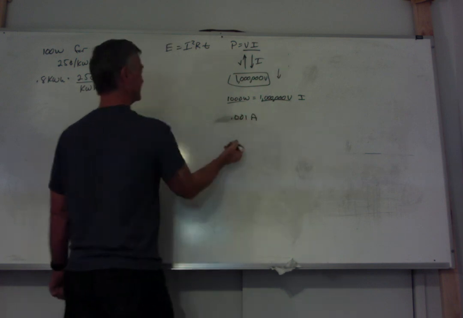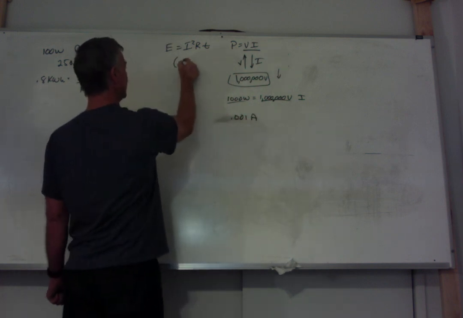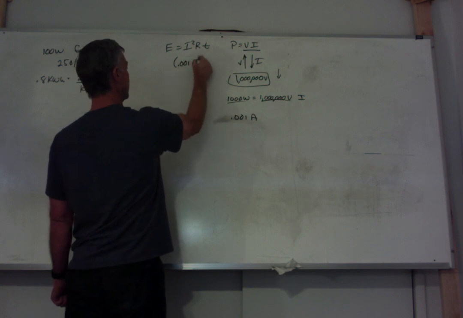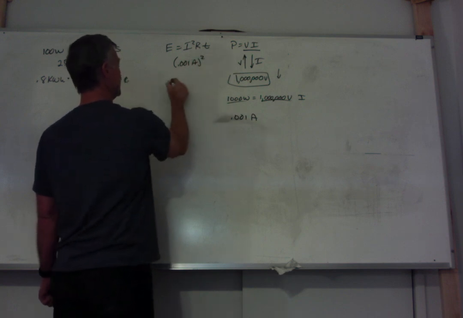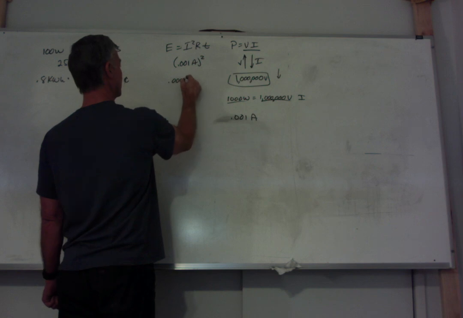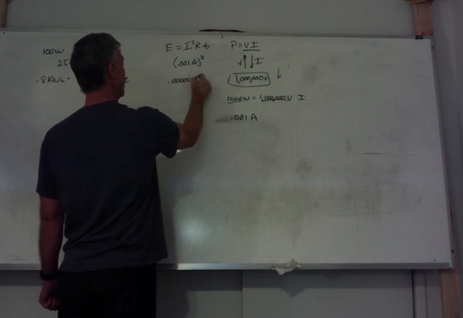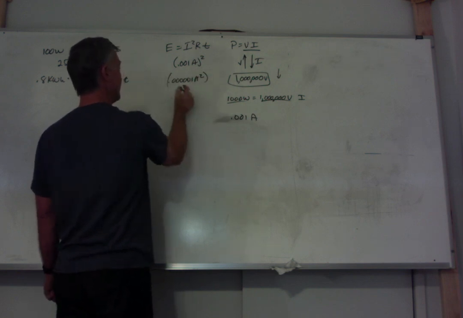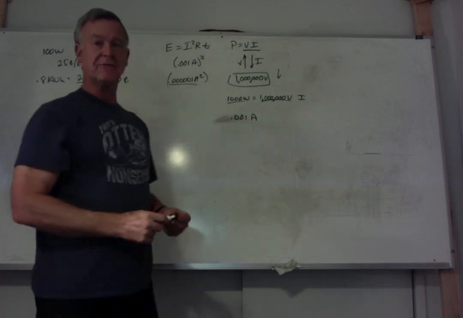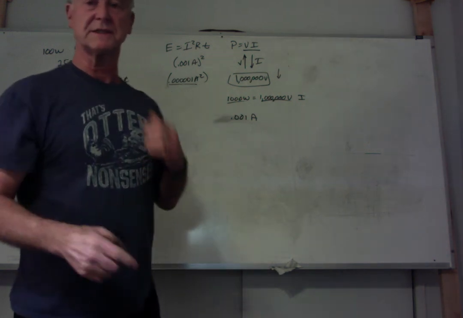Now watch what happens. What happens if you square 0.001 amp? Well, it becomes 0.000001 amp squared. And this is so tiny that we have very little energy losses.